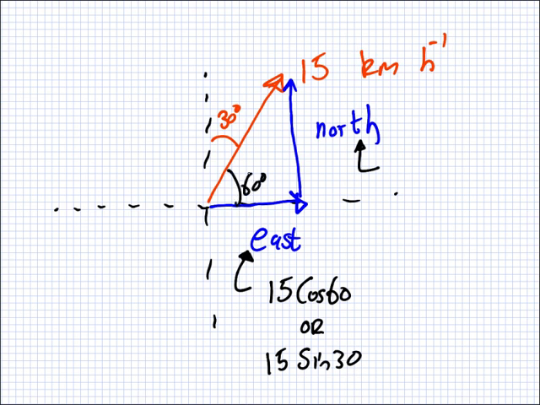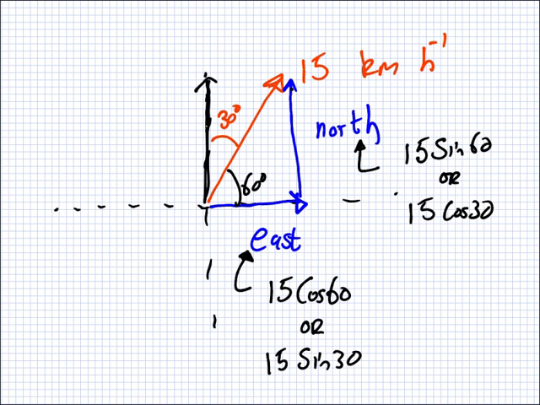And this one here is 15 sine 60, or you could have typed in 15 cos 30. You can think about it like this. So you can either say it's cos 30 or sine 60, depending on the way you look at it. And this is cos 60 or sine 30, again depending on how you're looking at it.